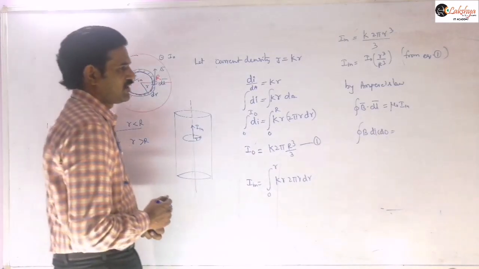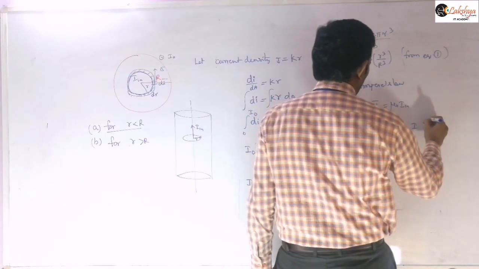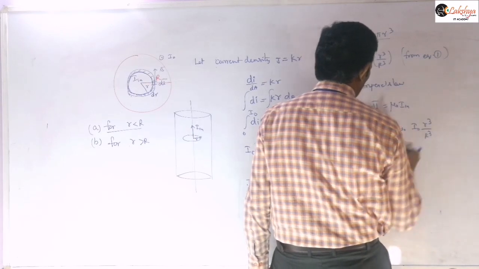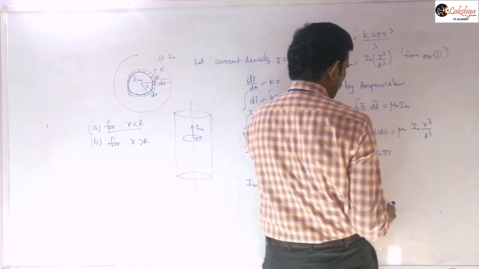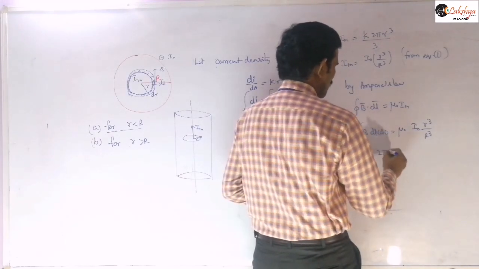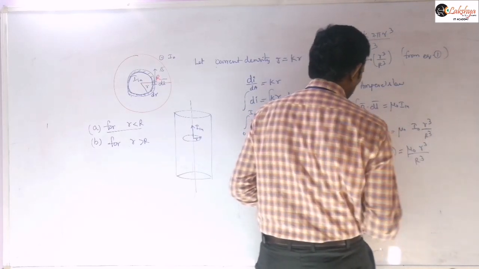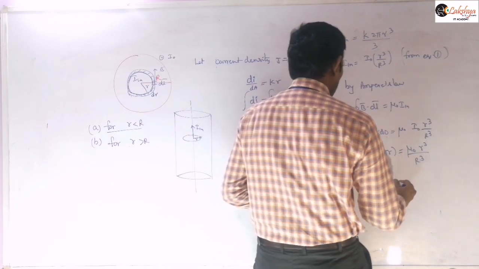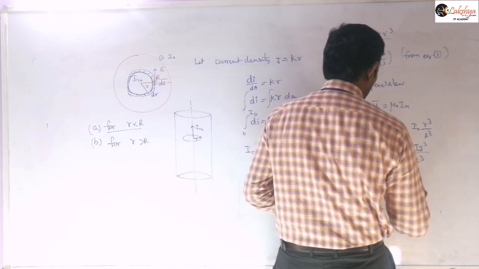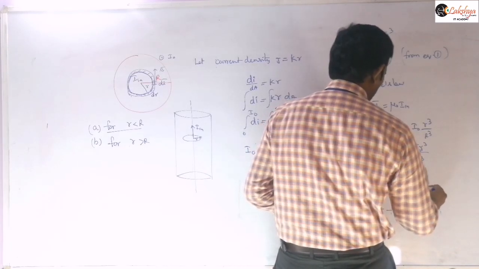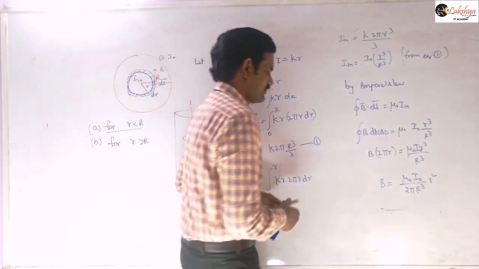So you can write this value as I naught into r cubed by capital R cubed, and the integral of dl is nothing but 2 pi r, which is equal to mu naught into I naught r cubed by R cubed. Therefore B is equal to mu naught I naught by 2 pi R cubed into r squared. So that is our simple equation here.